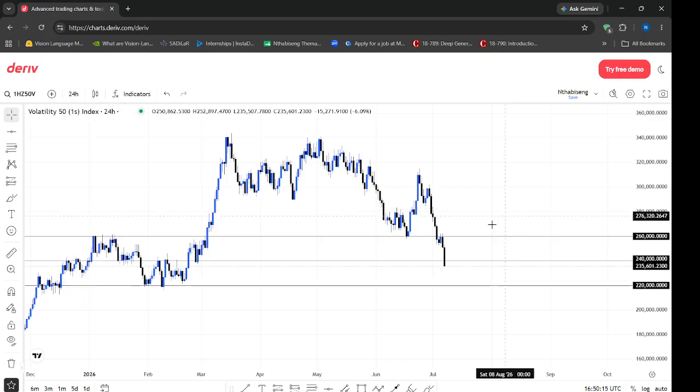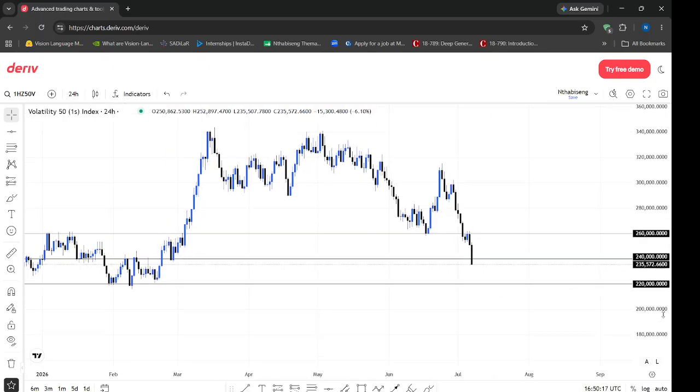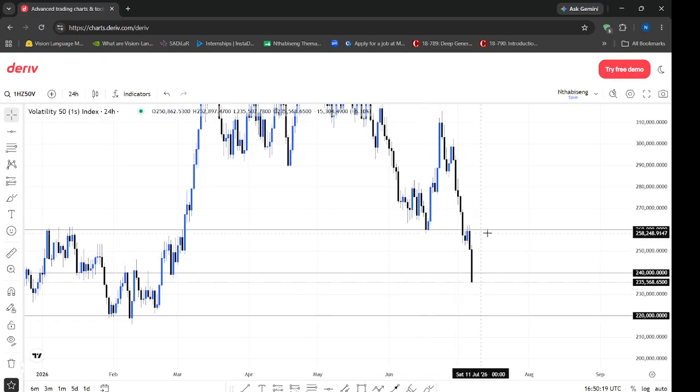We move. We see that we are currently within the 260 and 220 playground. These are the only psychological levels I'm going to keep for now until we break out of them.